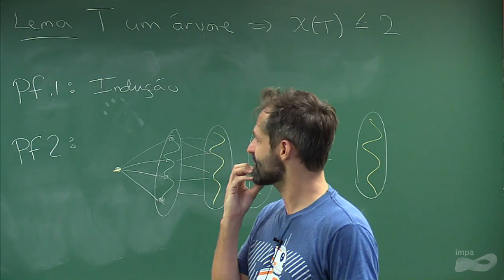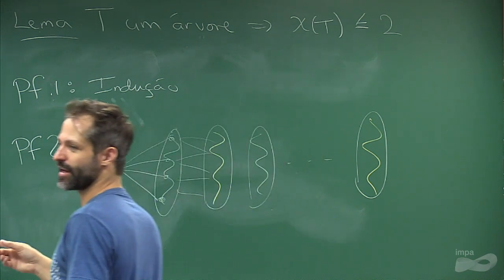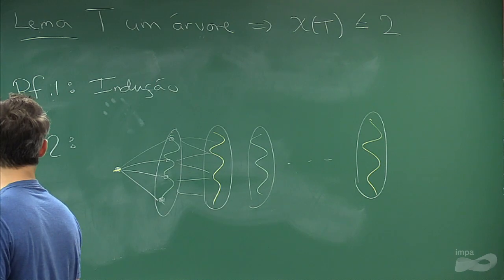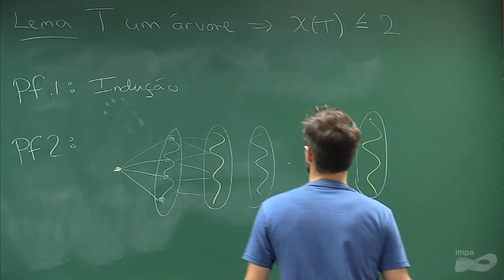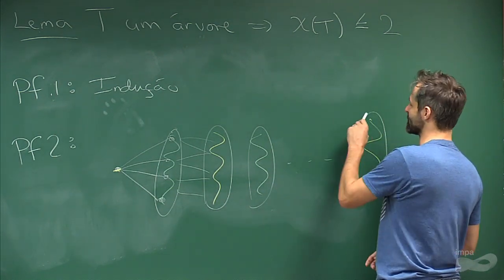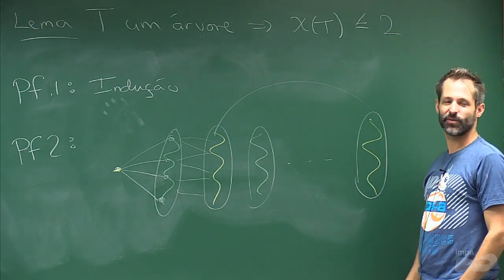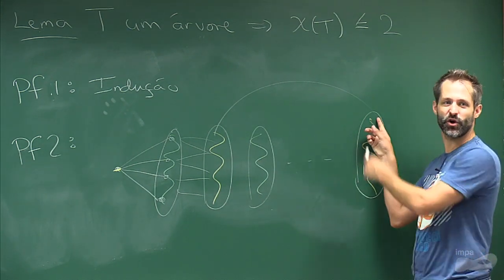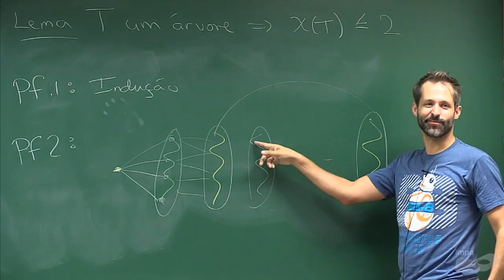More is known in the bipartite case. There are no edges inside the sets, and no edges between here and here, because otherwise this vertex would not have been here, it would have been here.